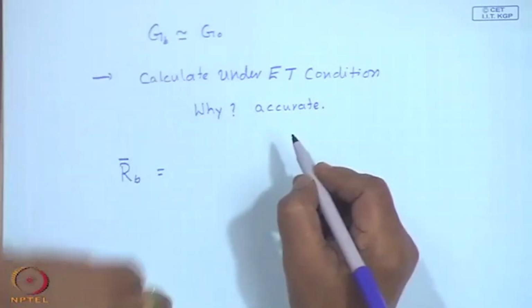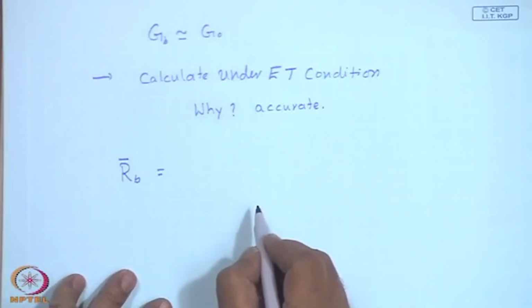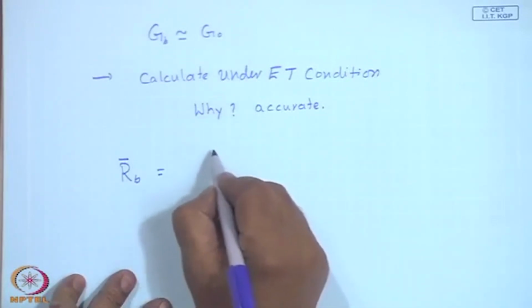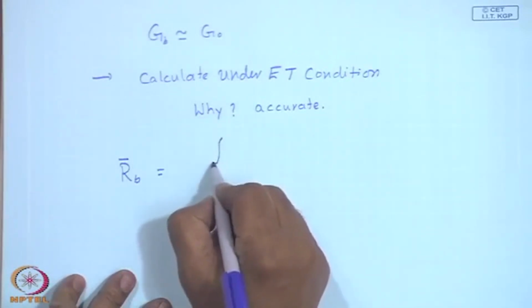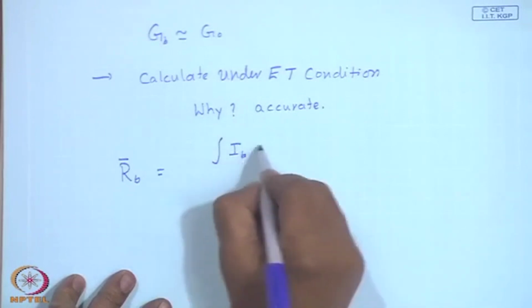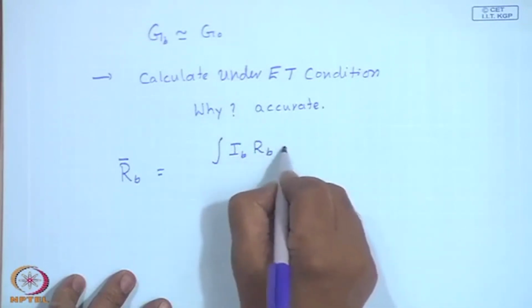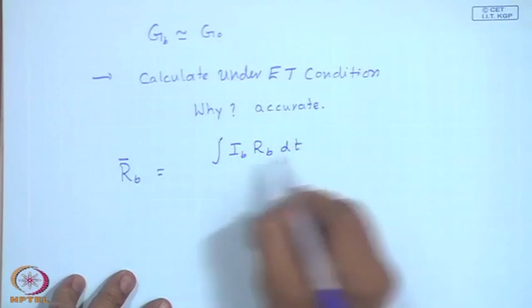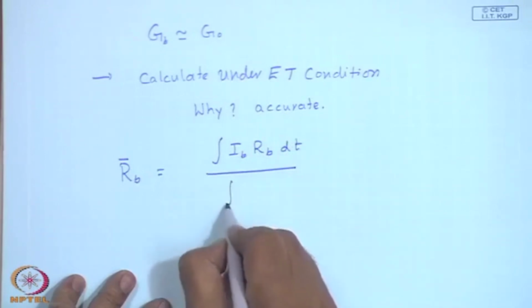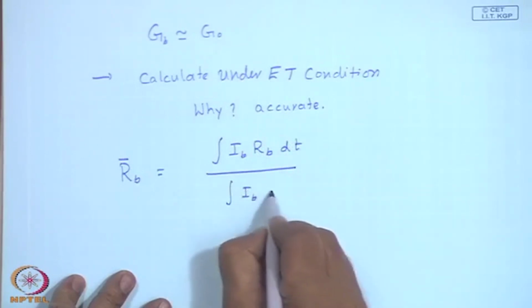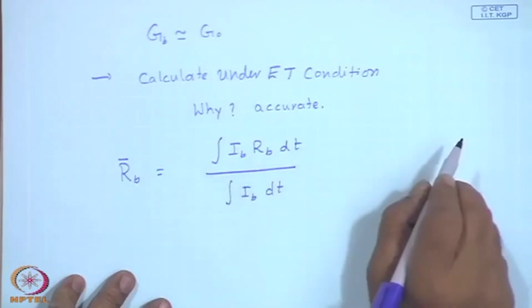Again, if we do not bother too much about the rate and the intensity or the hourly value, basically it is I B R B dt by I B dt.